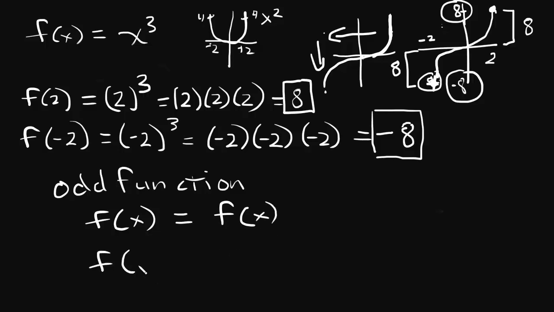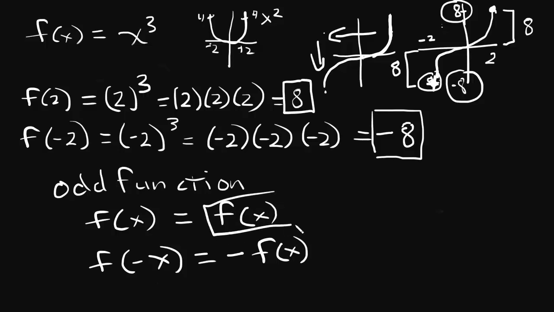But f of -x is going to equal negative f of x. That means we're going to get the same value from the same function, but if the input is negative, the output is also going to be negative. So if we put in the same x value in positive and negative forms, we're going to get the same output in positive and negative forms.